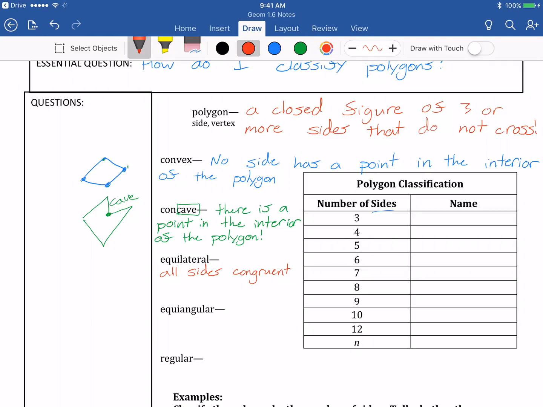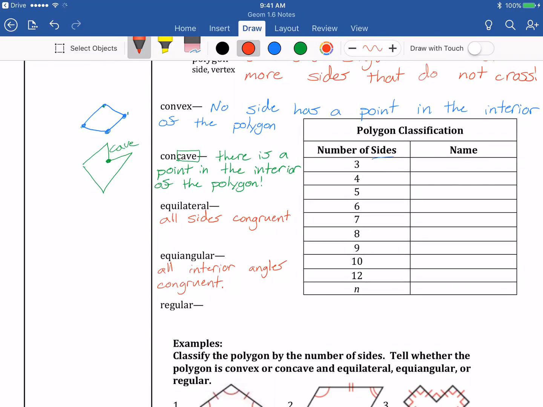Equiangular is a polygon that has all interior angles congruent. What that means is that we're going to look at some of these polygons that have interior angles, and all these interior angles are going to be the same. They might be 75 degrees, they might be 30 degrees, something like that. We'll talk about those, see what those are.